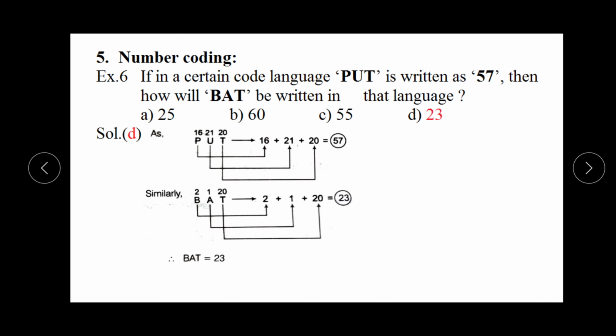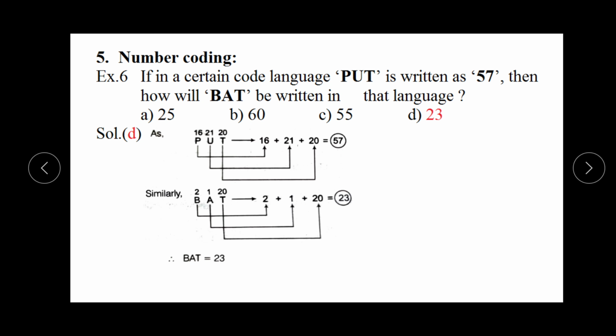If we check the alphabetical order of the letters, P will come at 16, U will come at 21, and T will come at 20. So these are the positions of the word put. When we add the positions, 16 plus 21 plus 20 is equal to 57.